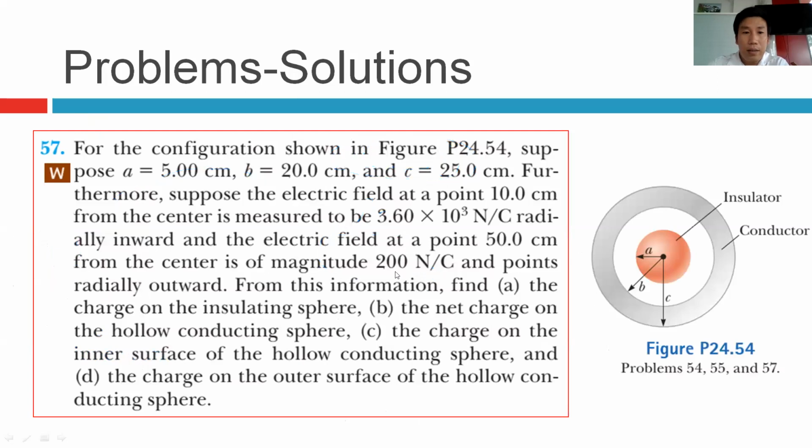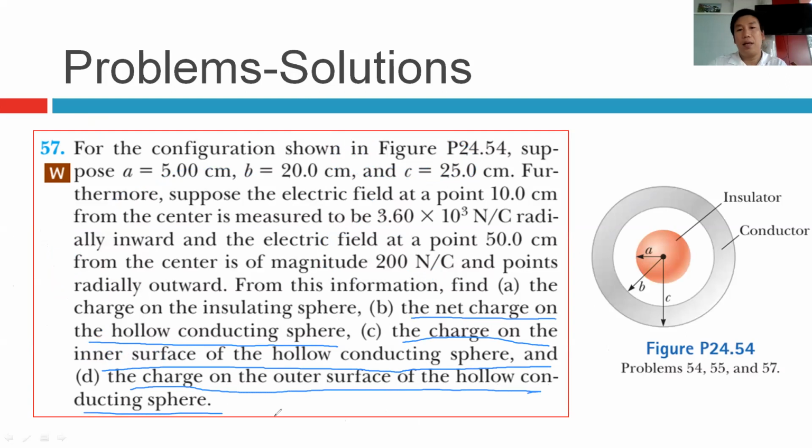And for question B, we need the net charge on the hollow conducting sphere, then C, the charge on the inner surface of the hollow conducting sphere, and D, the charge on the outer surface of the hollow conducting sphere. So we have these things to do.